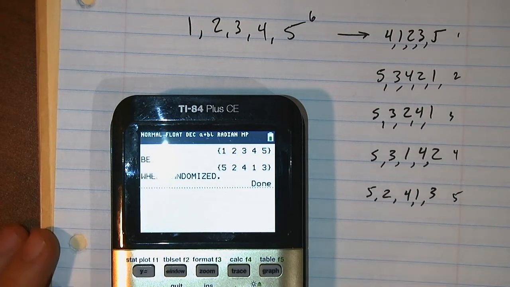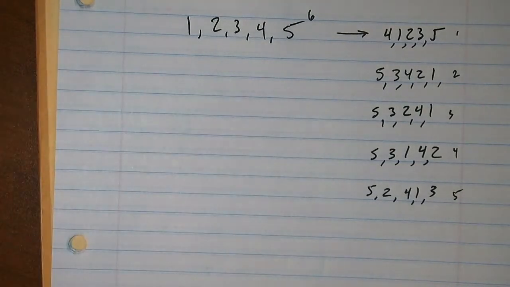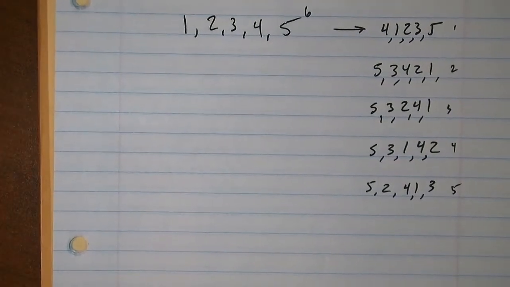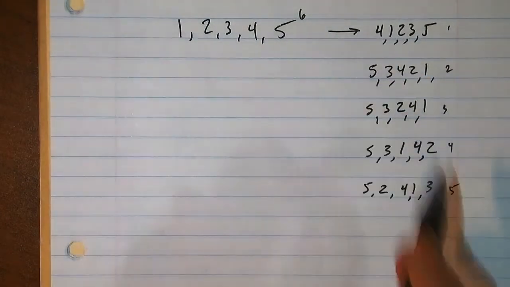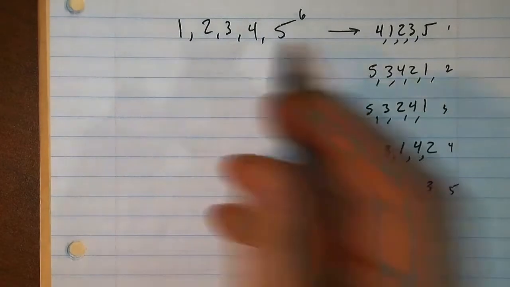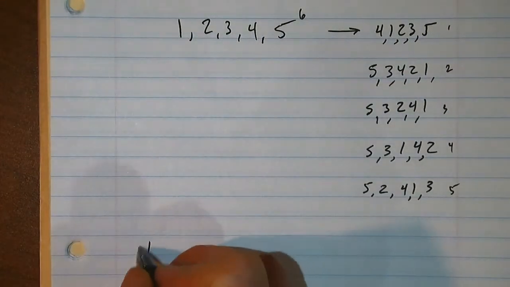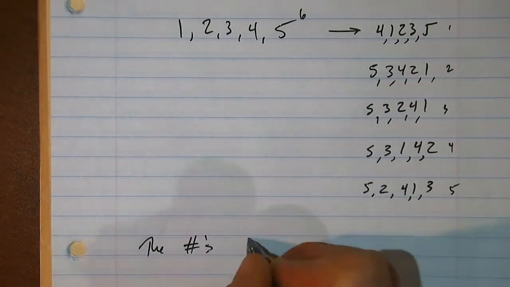All right, so to answer this question, we're going to consider this as a fundamental counting principle problem. So first of all, let's think about how I would word the problem that we're dealing with, okay? So we have 5 numbers, the numbers 1 through 5.